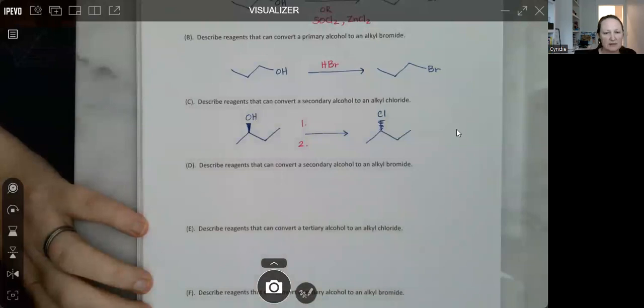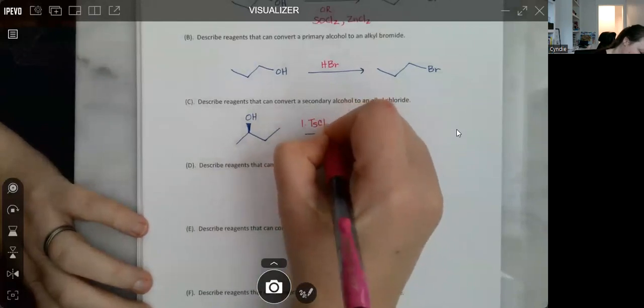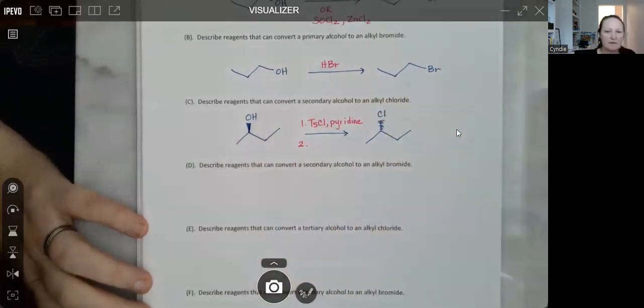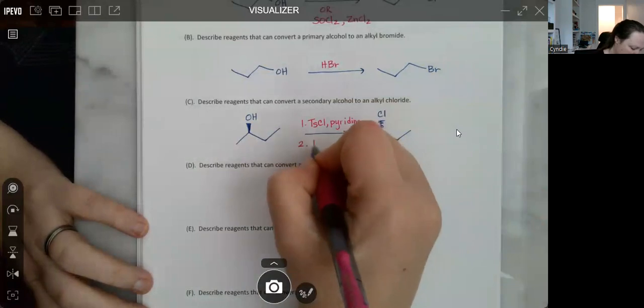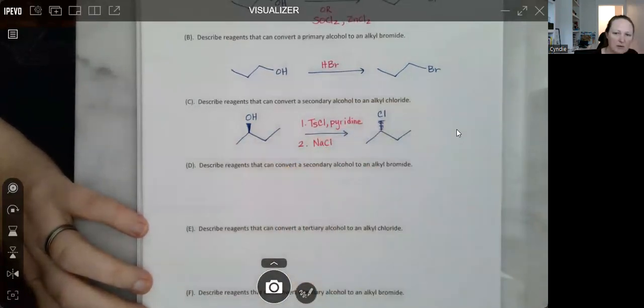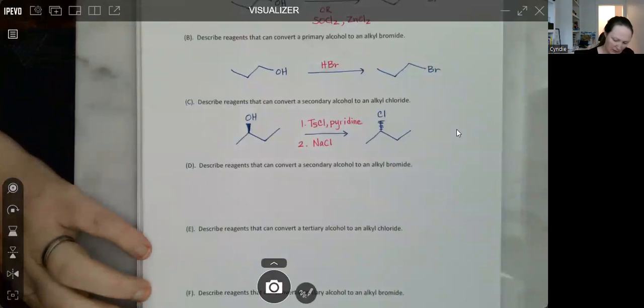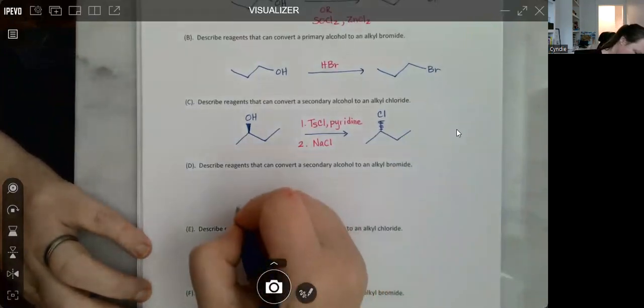So we don't want to use an acid. The other way to get a good leaving group is through tosylation, forming the tosylate, that converts the OH to OTs, which is a good leaving group. Then we can just use some chloride, which could be supplied through sodium chloride or potassium chloride, and that will do an SN2. So similar idea, secondary alcohol to an alkyl bromide.